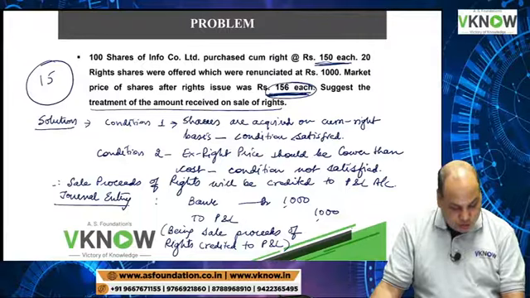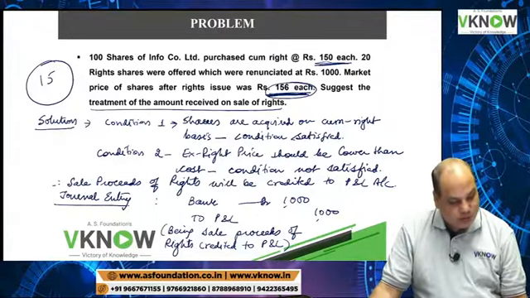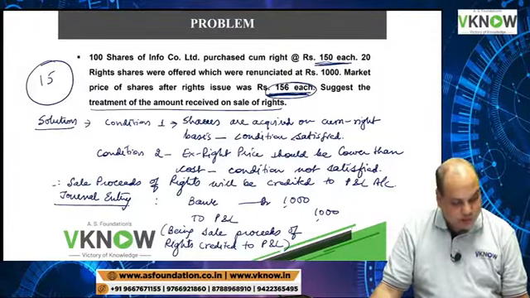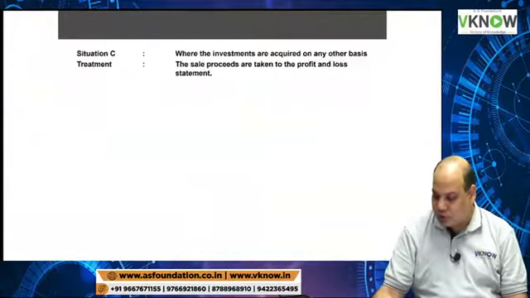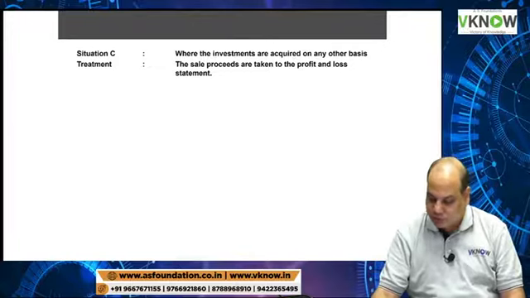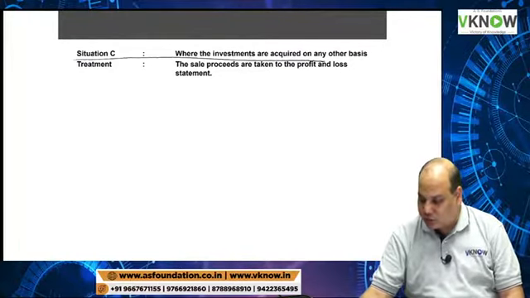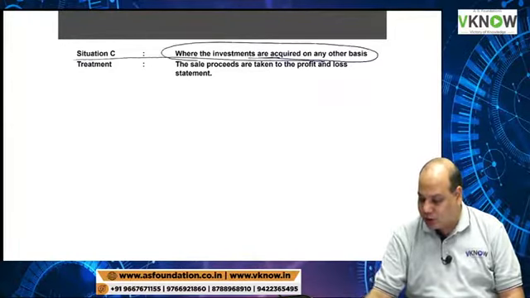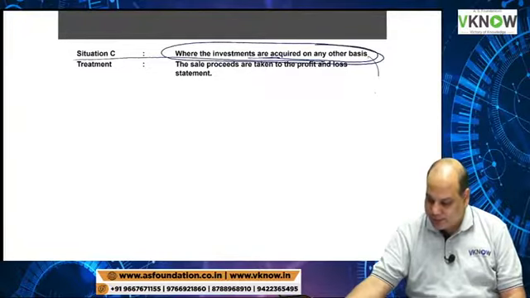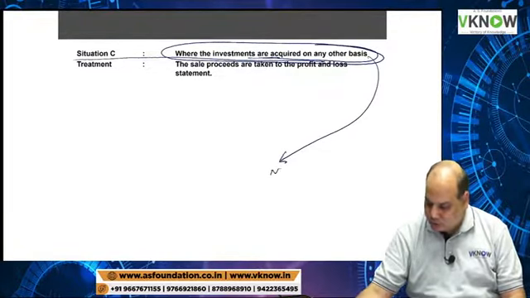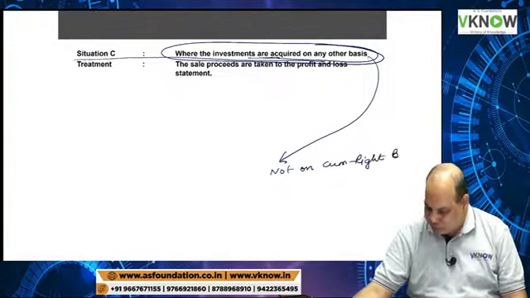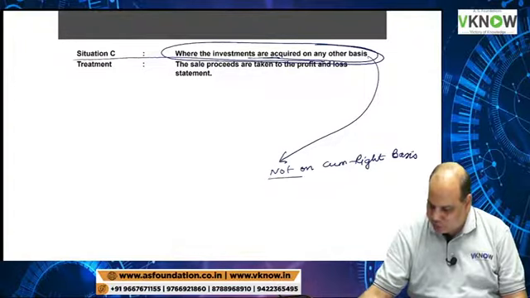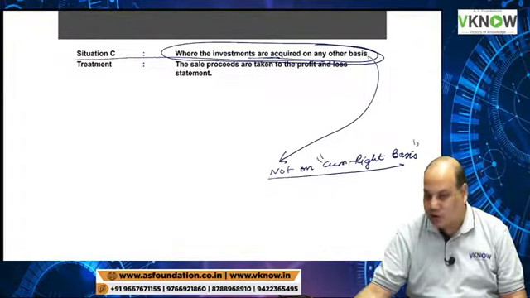So this is my situation number B, and then I will take situation number C, the last situation on rights issue, where the investments are acquired on any other basis, not on cum-right basis.